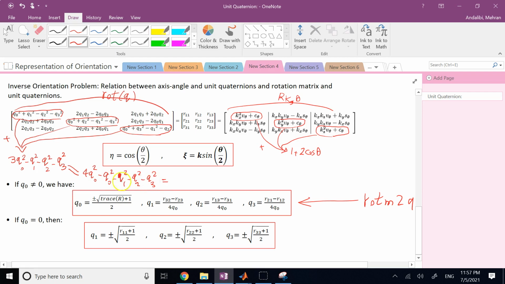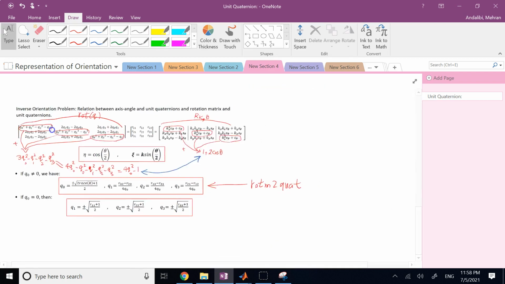Now, all of these negative terms, if you factor out the negative, is the norm of q, and you know the norm of q is 1. So this is simply 4 q naught squared minus 1. And now this 4 q naught squared minus 1 has to be the same as 1 plus 2 cosine of theta.